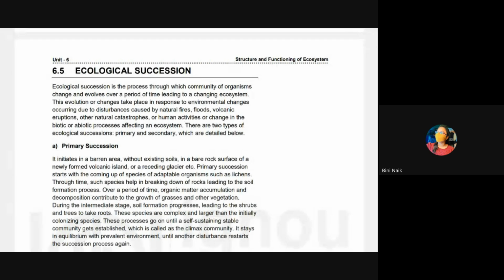Over a period of time, the organic matter accumulation and decomposition will contribute to the growth of grasses and other vegetation communities. During the intermediate stage, the soil formation will progress. That will lead to the development of shrubs and trees. These species are more complex and larger than the initially colonized species.